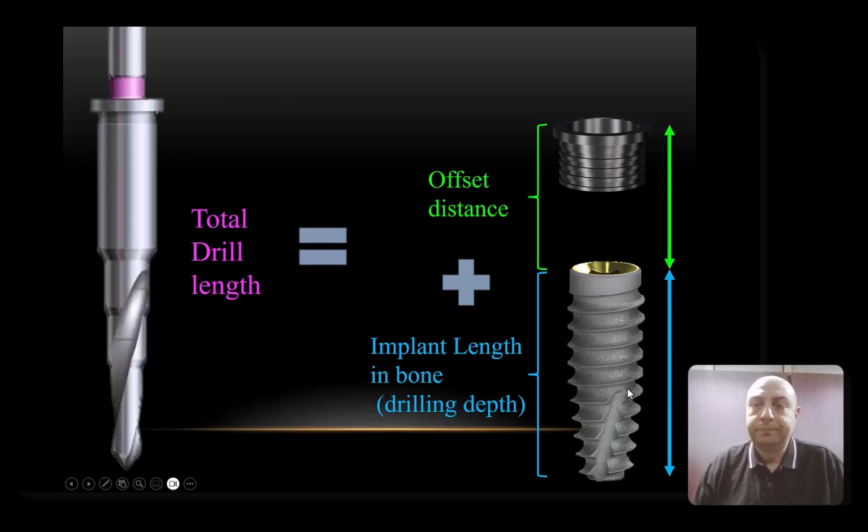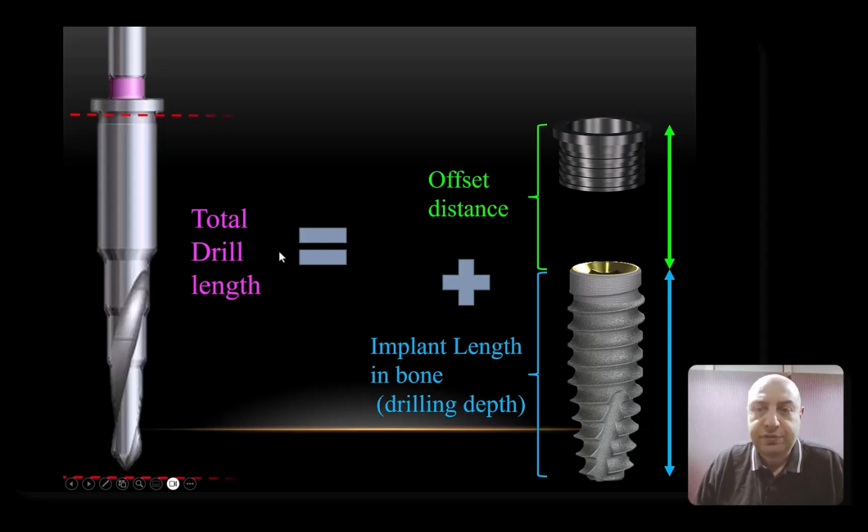One important tip: if you are going to submerge the implant, you have to add the extra value for submerging. For example, if you have an implant with 12 millimeters and you're going to submerge an extra 1 millimeter, calculate the implant height as if it's 13 millimeters.